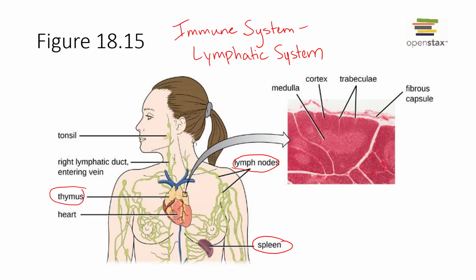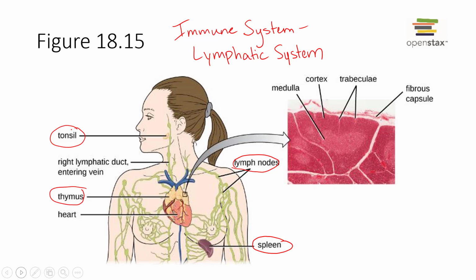And they are there. However, lymph nodes can be all over the body. They're in the neck, in the armpits, in the groin. They're also in various other parts of the body. Also, the tonsils are an important part of the lymphatic system.